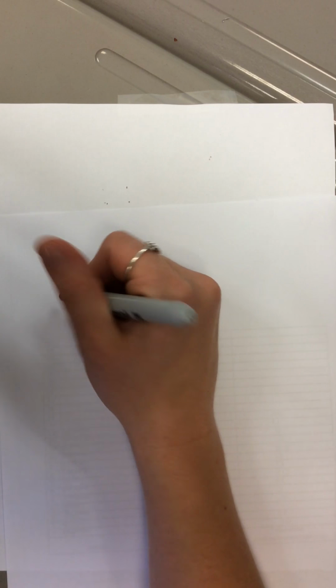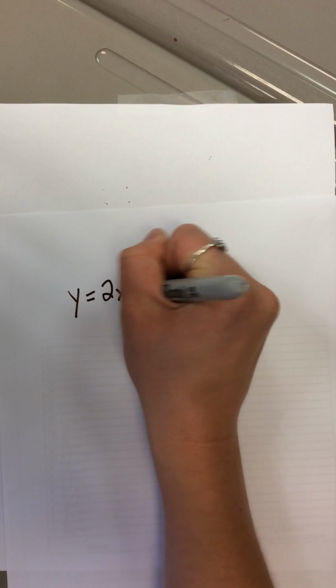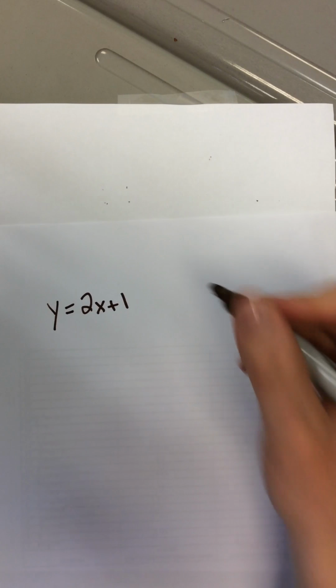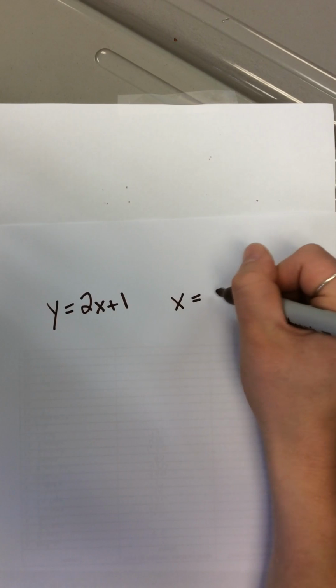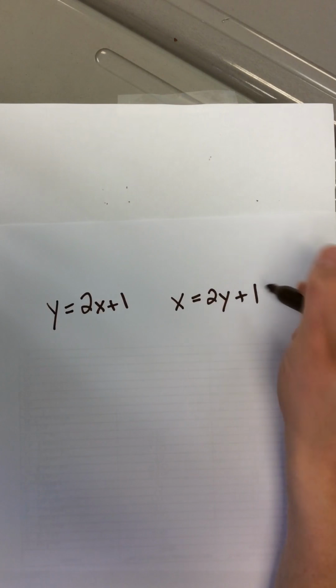So we just had talked about in class, and you might remember from previous courses, that when you have an inverse, what really happens is that x and y are switched. So if I start out from some function, let's say y equals 2x plus 1, its inverse, switching the x and y's, will be like that.